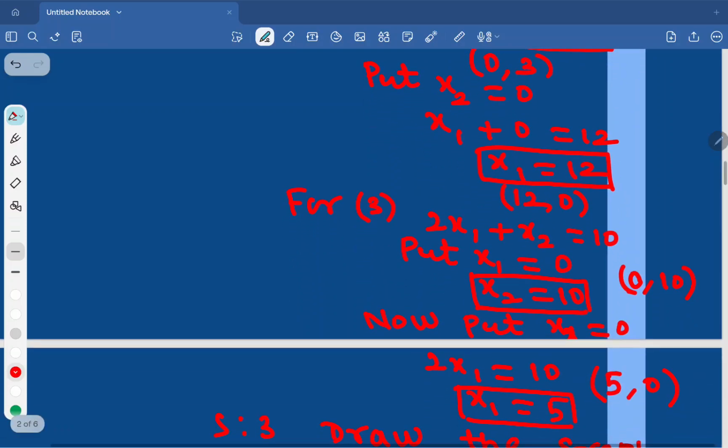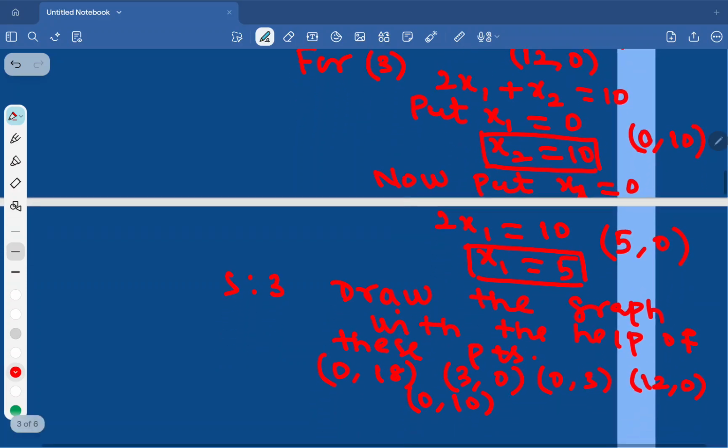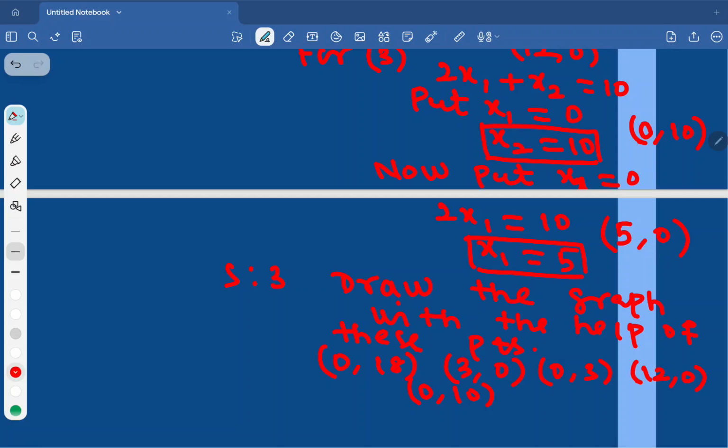For equation 3, 2x1 plus x2 equal to 10. If I put x1 equal to 0, x2 equal to 10, point is (0, 10). Now put x2 equal to 0: 2x1 equal to 10, x1 equal to 5, point is (5, 0). For equation 3, points are (0, 10) and (5, 0). With the help of these points, draw the graph.